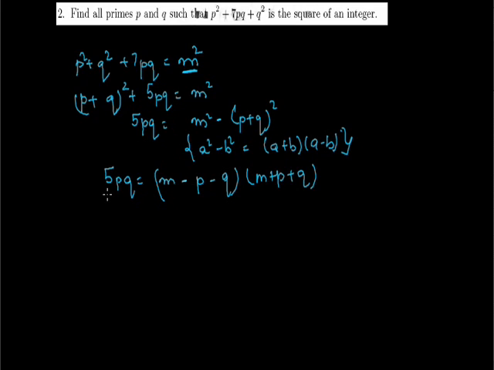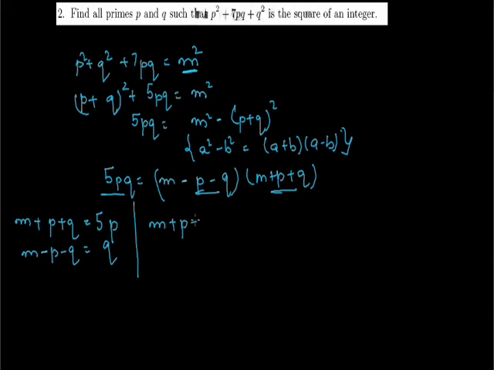Okay, now we will make the cases, that is, either m plus p plus q will be equal to 5p, or m minus p minus q will be equal to q. Okay, second case will be either m plus p plus q will be equal to 5q, or m minus p minus q will be equal to p.